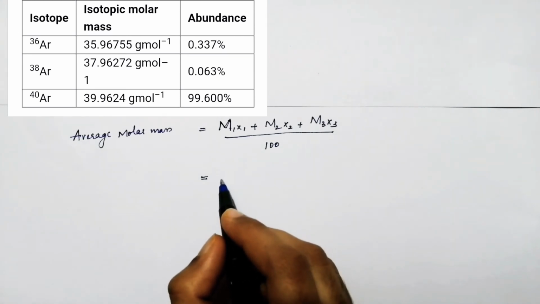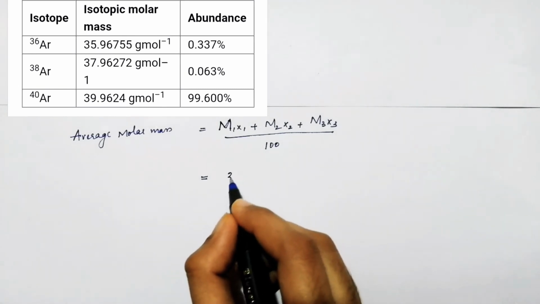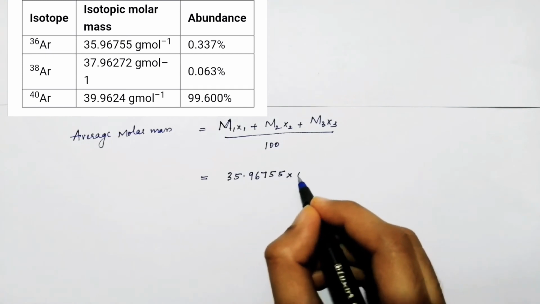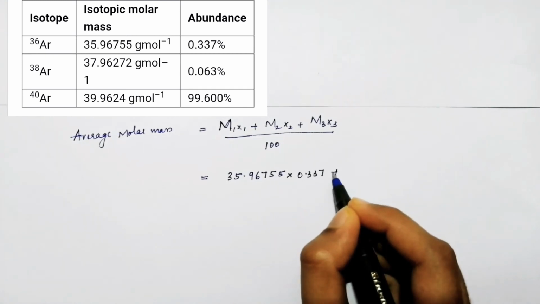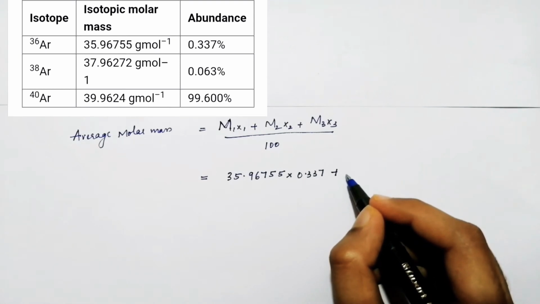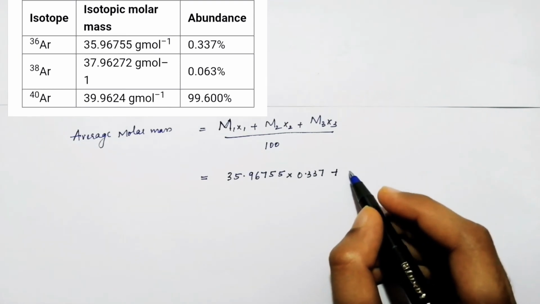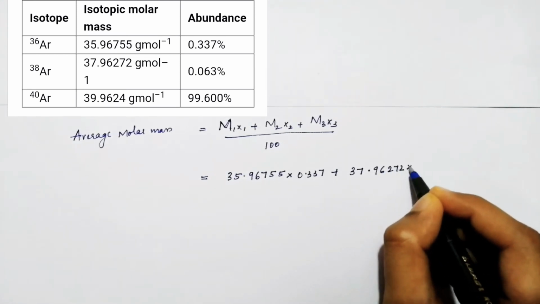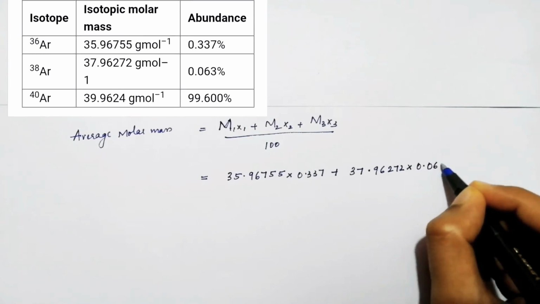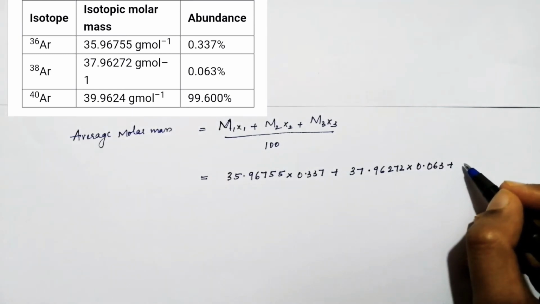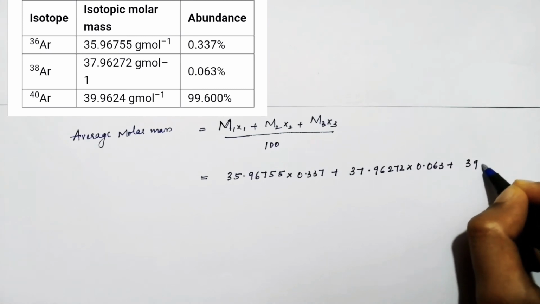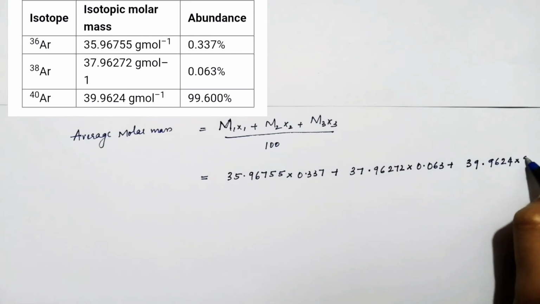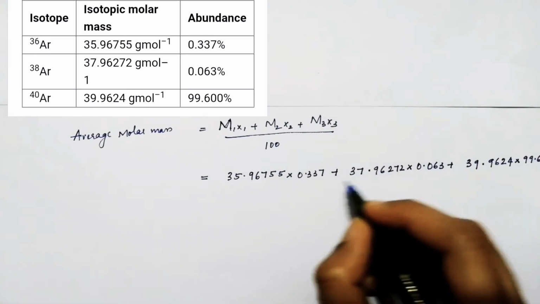So we have isotopic molar mass of 36 argon as 35.96755 into its abundance, that is 0.337, plus next we have 38 argon, which has an isotopic molar mass that is 37.96272 into its abundance, that is 0.063, plus isotopic molar mass of 40 argon, which is 39.9624 into its abundance, that is 99.600.